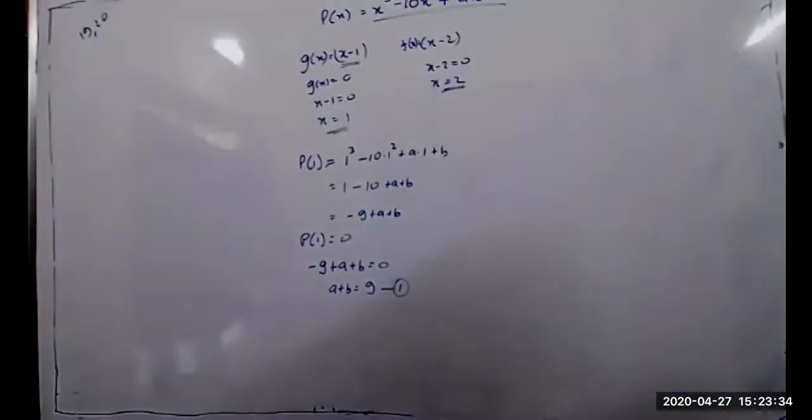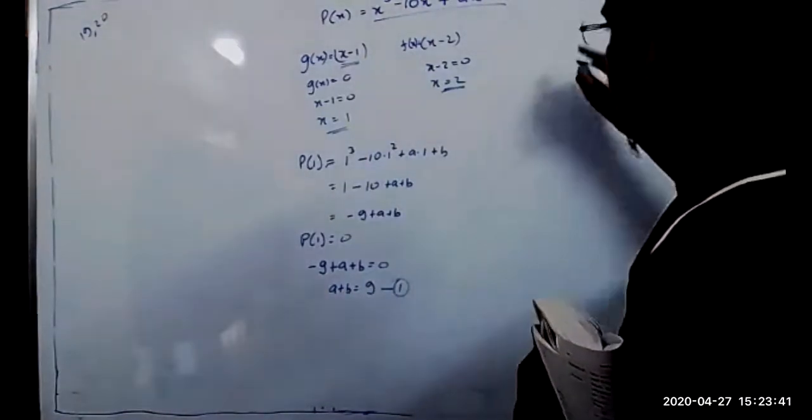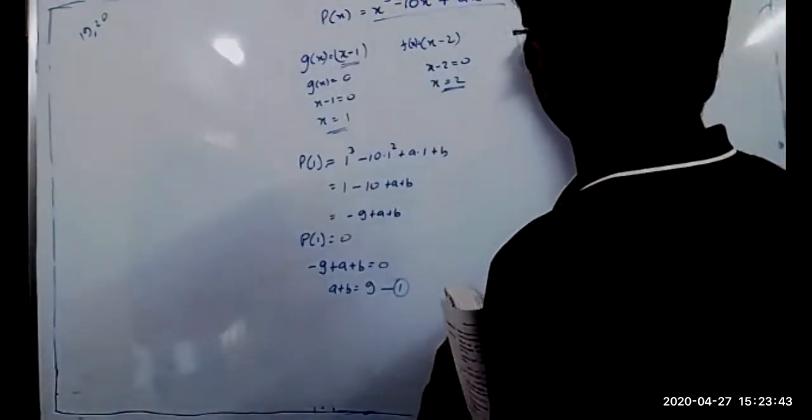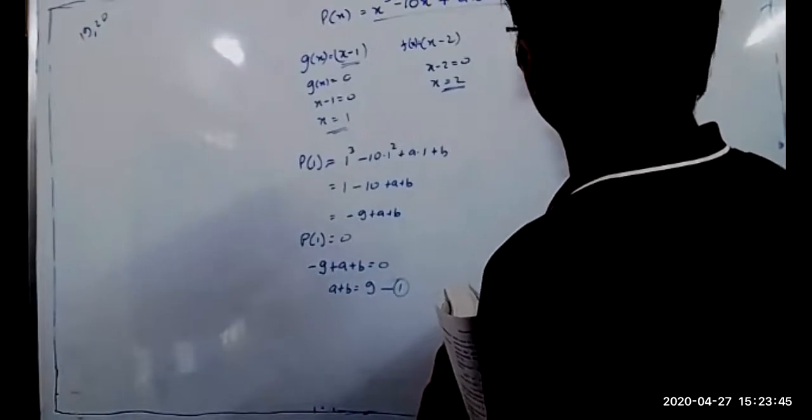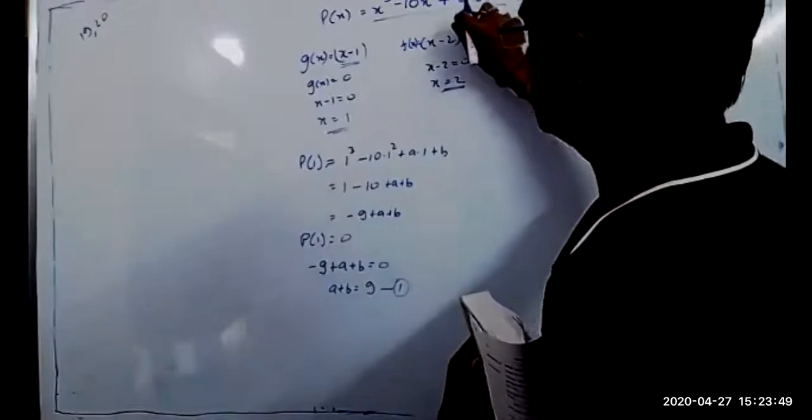Any doubt anyone has? Now we substitute 2 for x in p(x), which should also be equal to 0, because it is also exactly divisible.